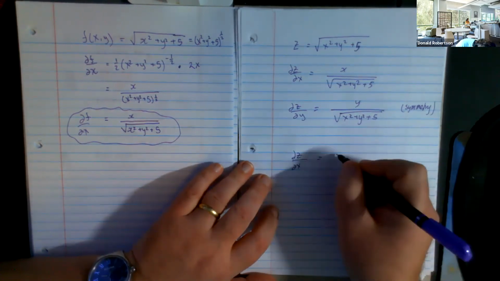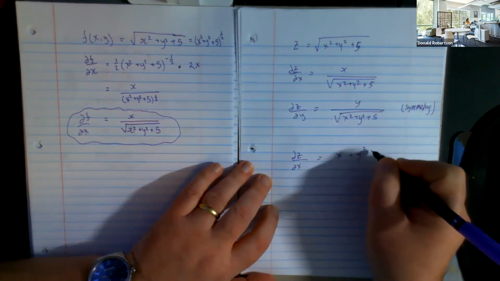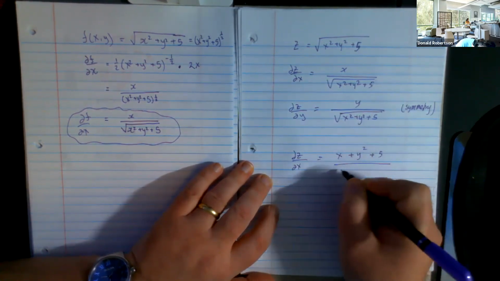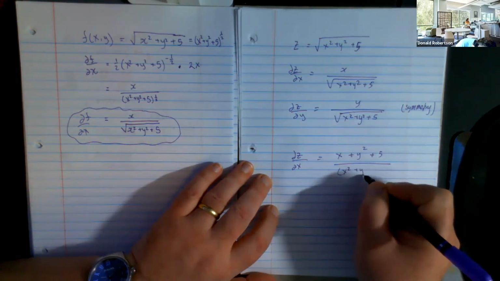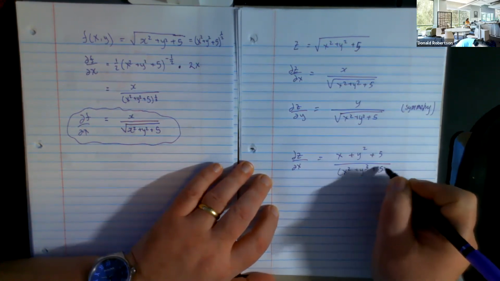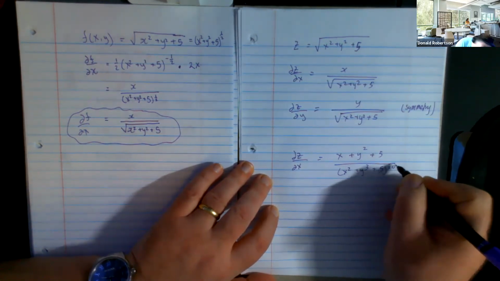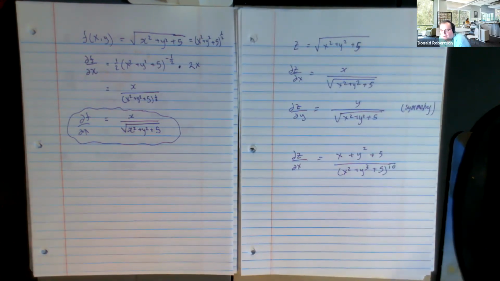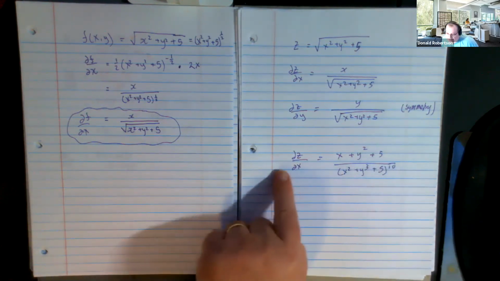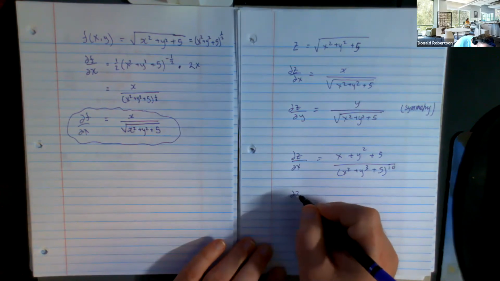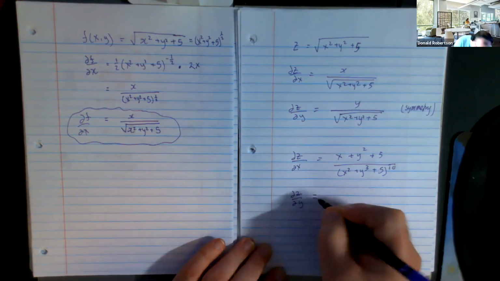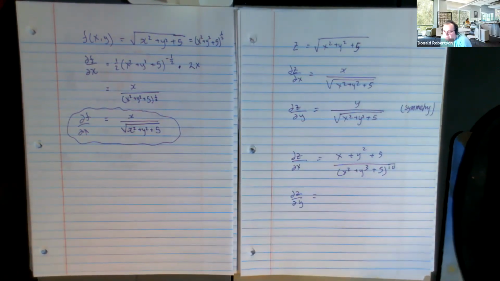And in this symmetric function, the derivative ended up being that. So the original function was symmetric, and this was its first partial derivative. Then I can predict what the other partial derivative is going to be, because all you do is you switch every x for a y.